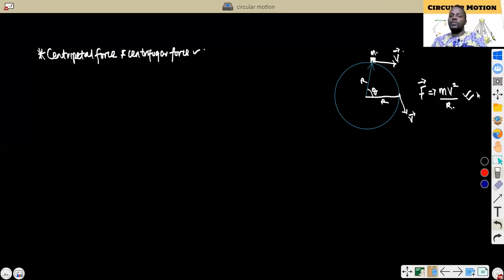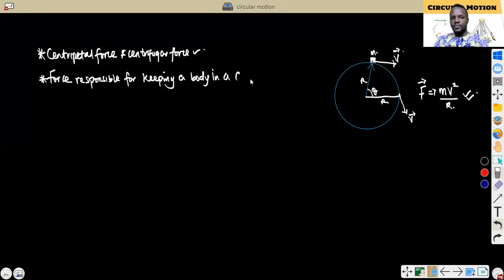So the force responsible for keeping a body in a circular track is called the centripetal force.